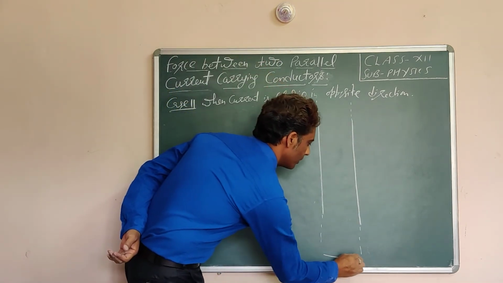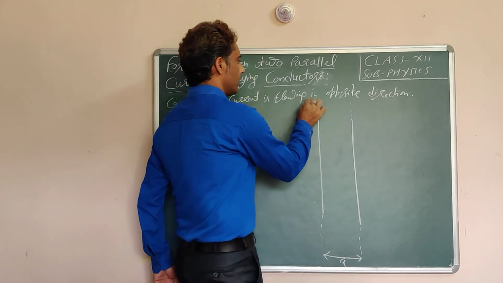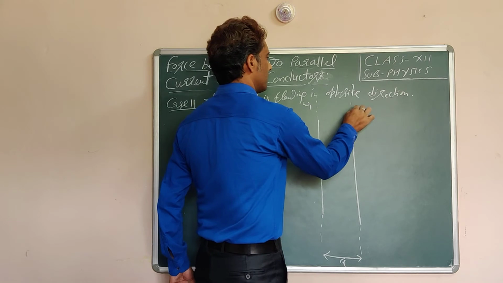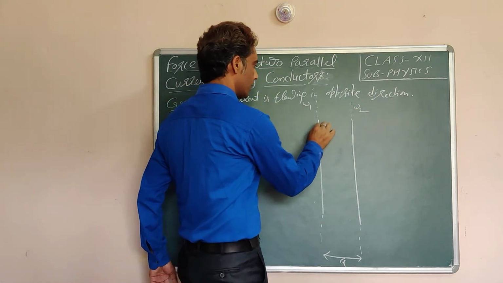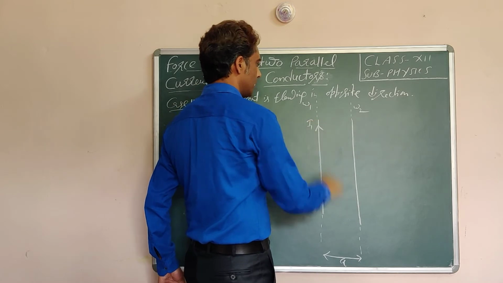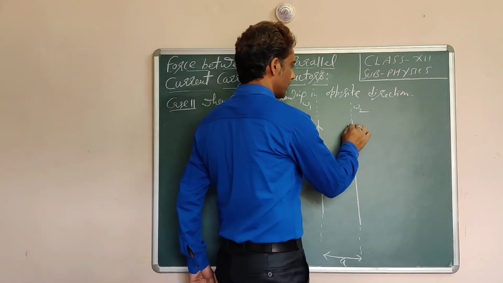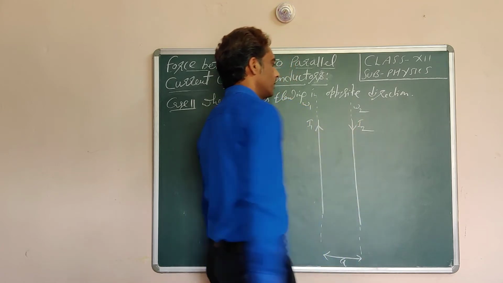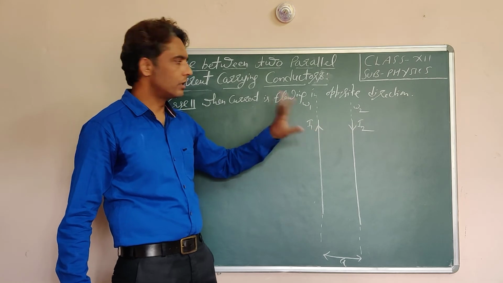That separation between the two conductors is a. Again let it be W1. This is W2. Current flowing through this is I1 in upward direction, and that current flowing through it is I2, but direction is opposite to that in W1.